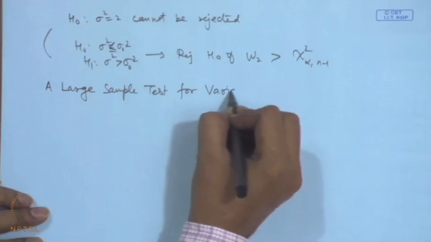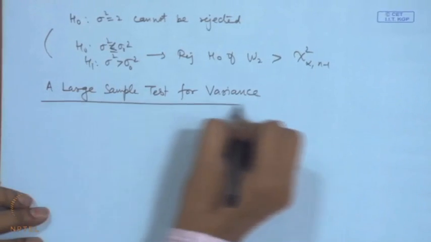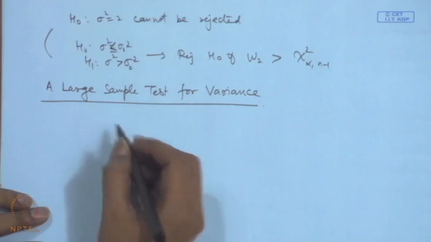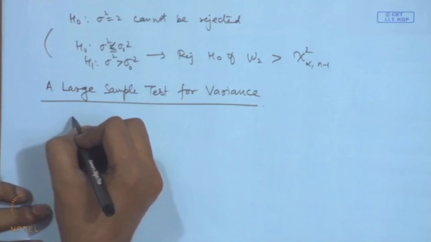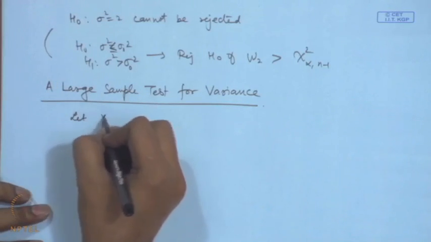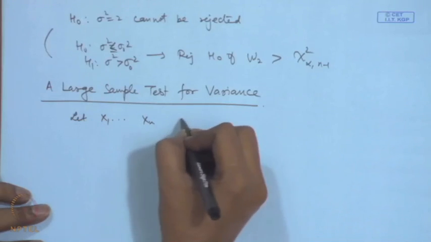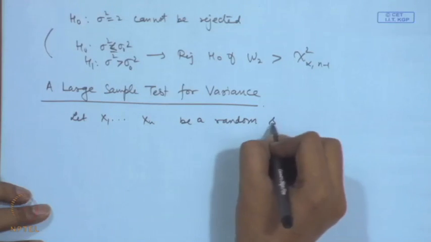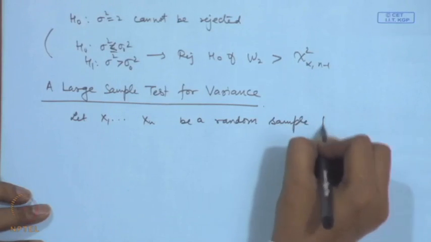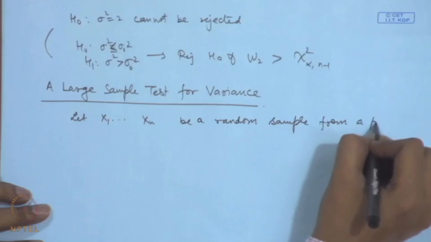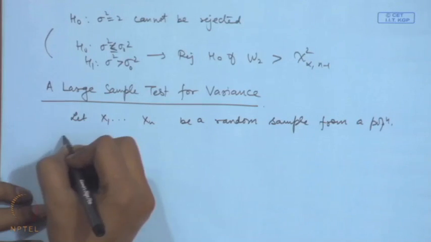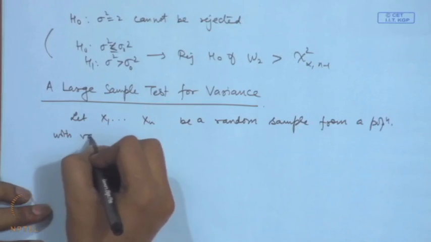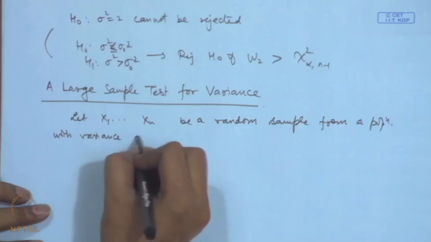We also give a large sample test for variance. So, let x 1, x 2, ..., x n be a random sample from a population with variance, say, sigma square.